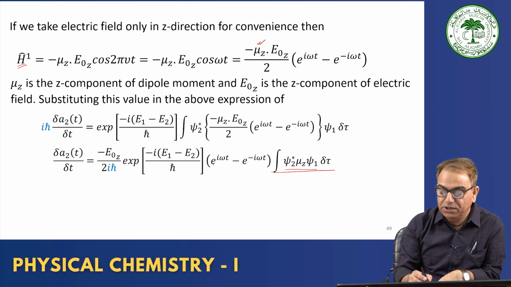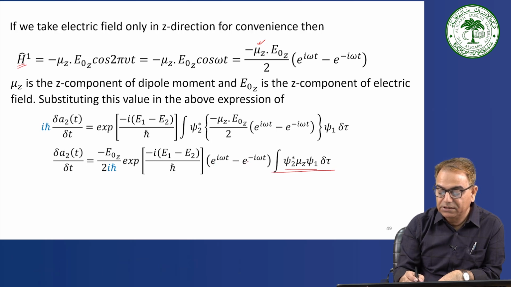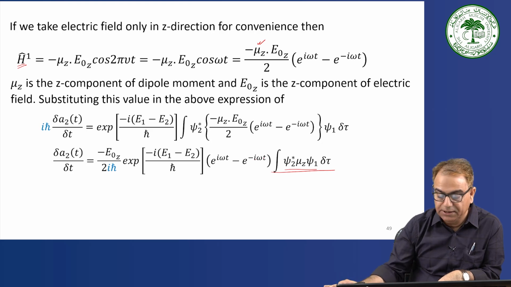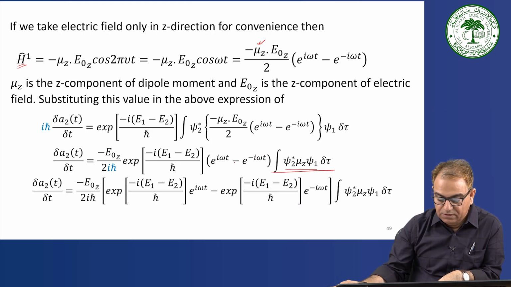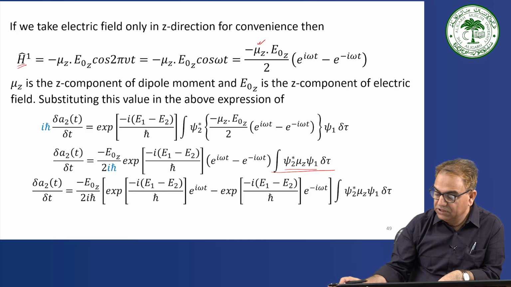Then you have the exponential term e to the i omega t minus e to the minus i omega t, and if you combine these two exponentials, you get the same combination, nothing else. This minus this.